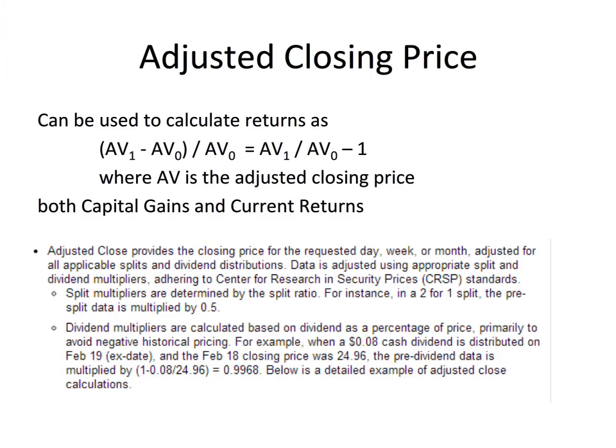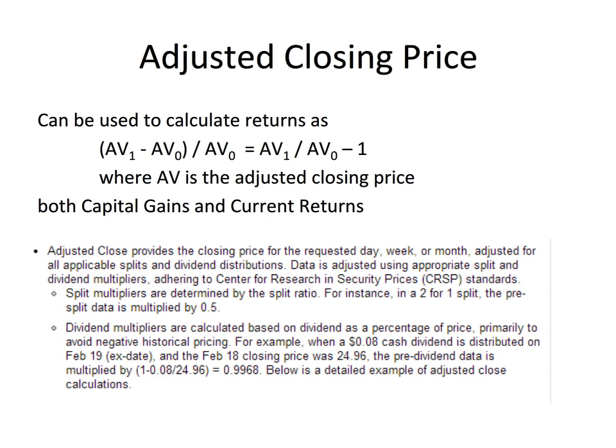We are going to calculate the returns using the adjusted closing price. And the adjusted closing price is a standard way of restating the closing price series so that you can easily calculate the returns from that series.